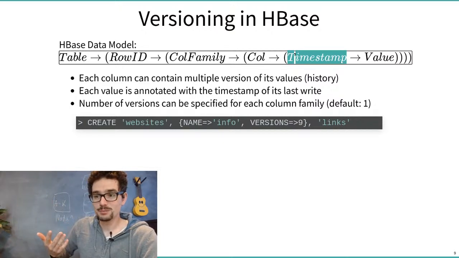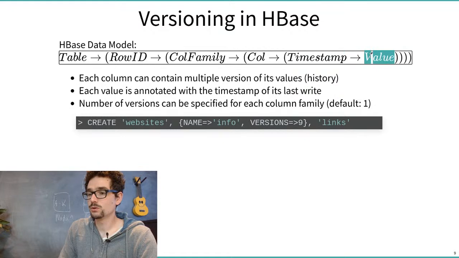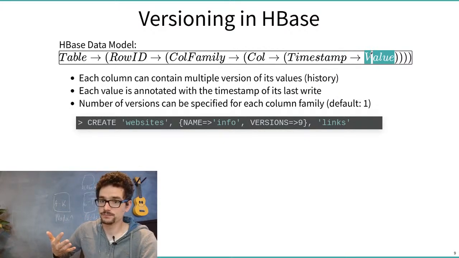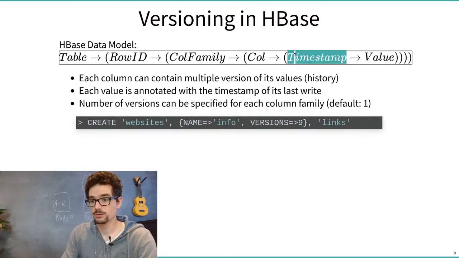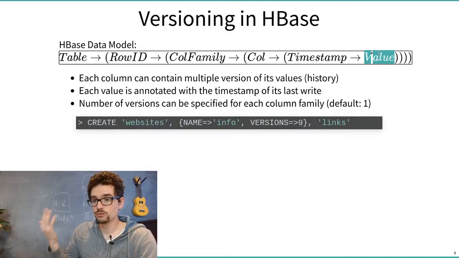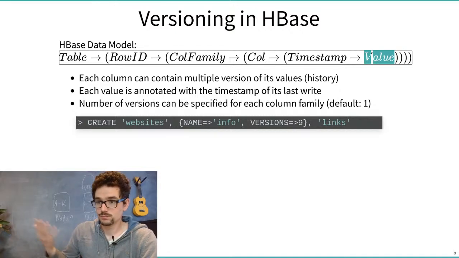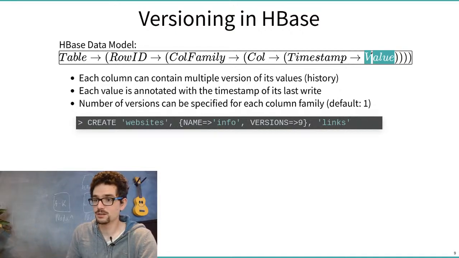And then for each timestamp, the value that was on that timestamp. So whenever I change something and multi-versioning is enabled, I create a new version with the current timestamp and the new value. So it is still possible to ask for the value that my column had yesterday in the morning, to make historical queries.